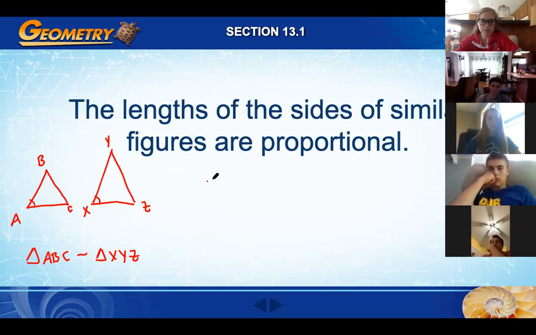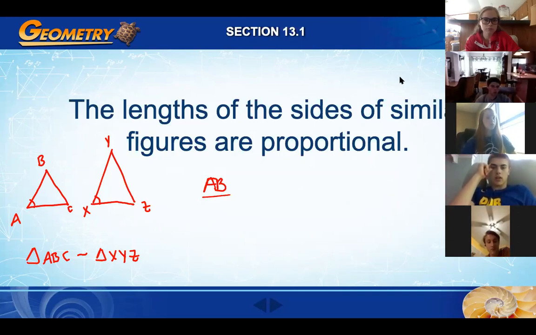So segment AB would be proportional to XY. Okay, side XY. Sorry, I got screens popping up on me.